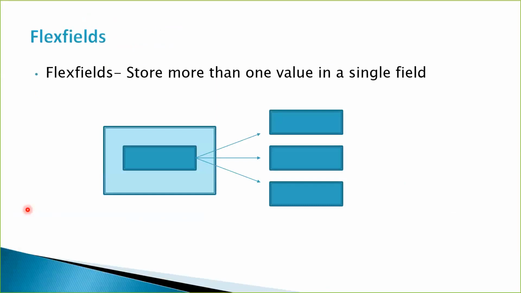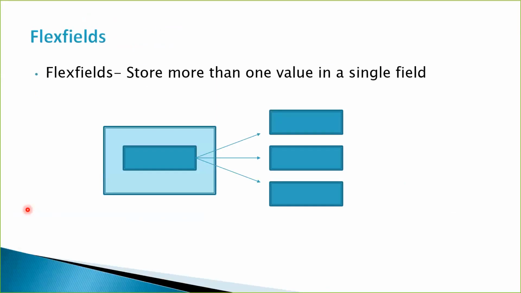We are going to focus on descriptive flex fields, but first let's look at what flex fields are in Oracle in general. So this is a technology that allows us to store more than one value in a single field, okay? So what does this mean?